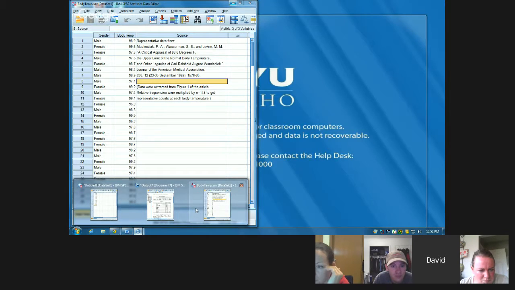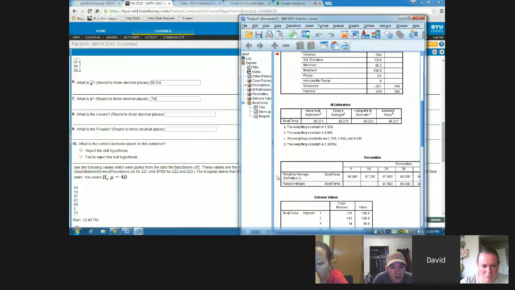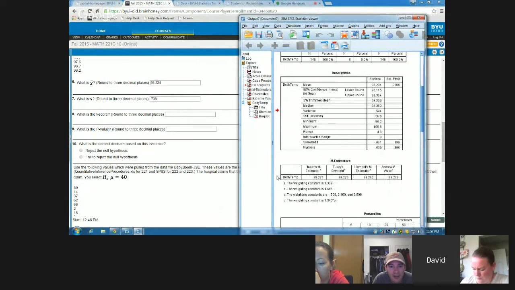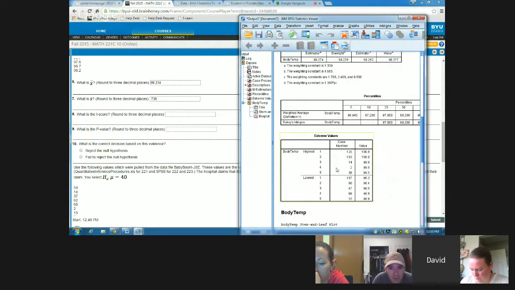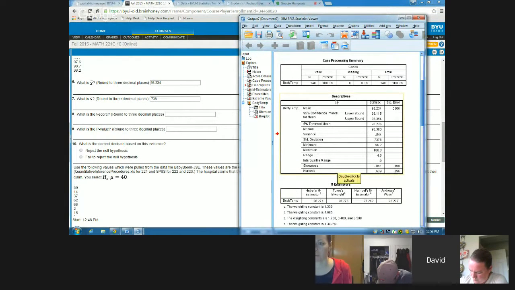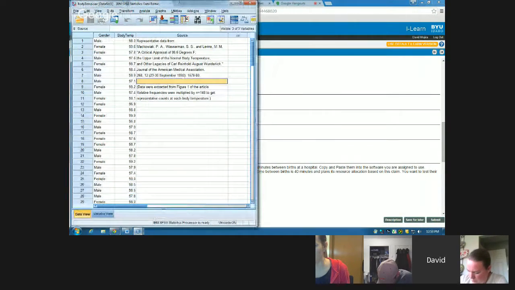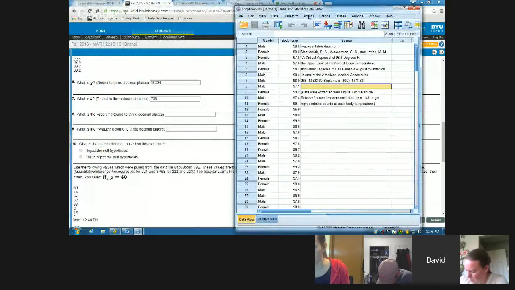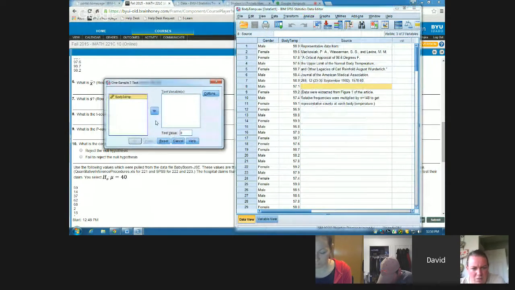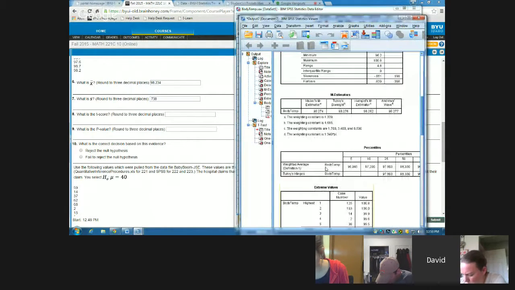And then the next part we have to compute, right? Because I don't know if this thing gives us the t-score. Is that where you do the formula S divided by the square root of n equals margin of error?